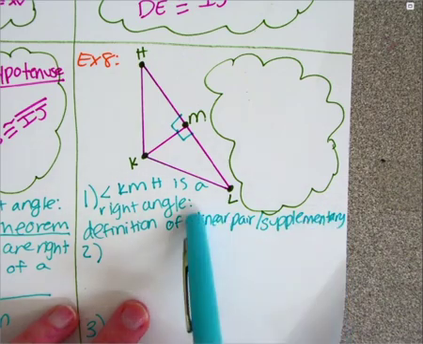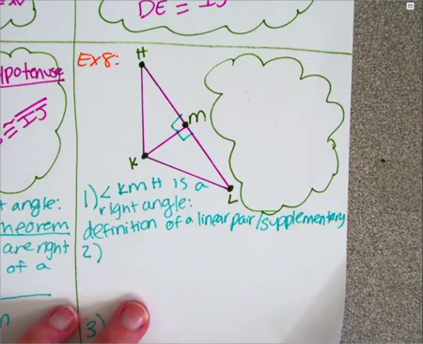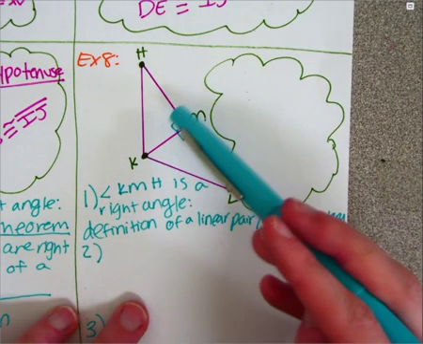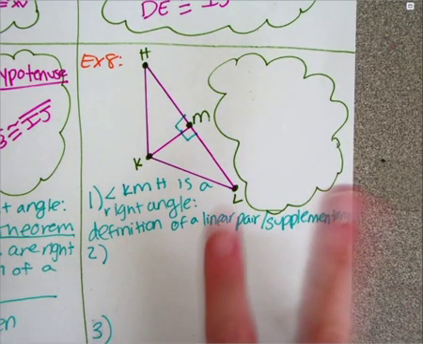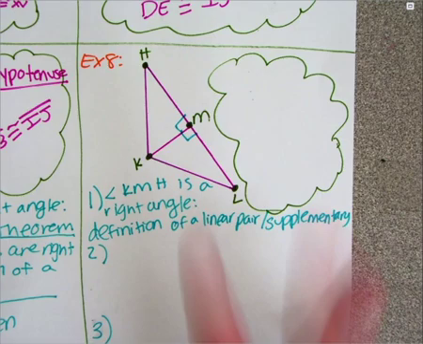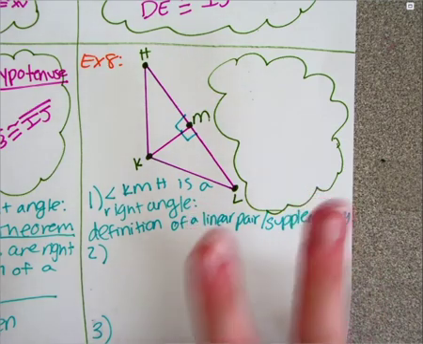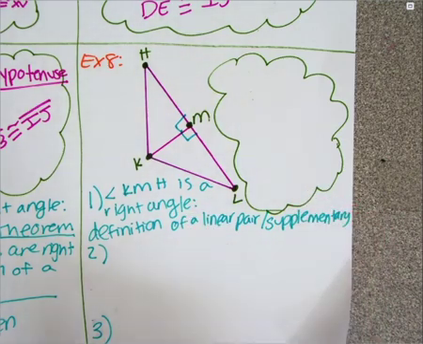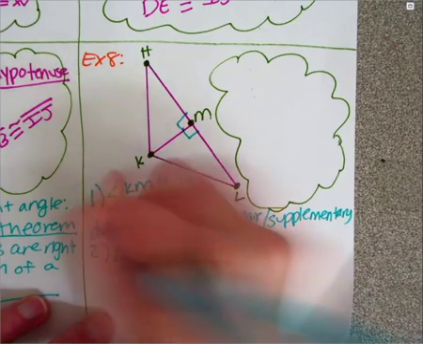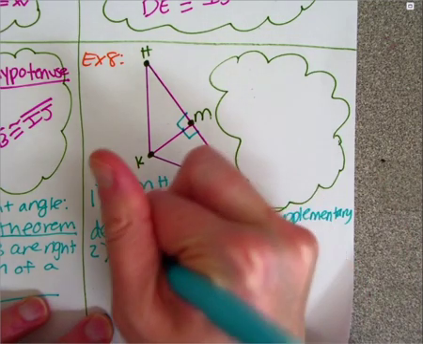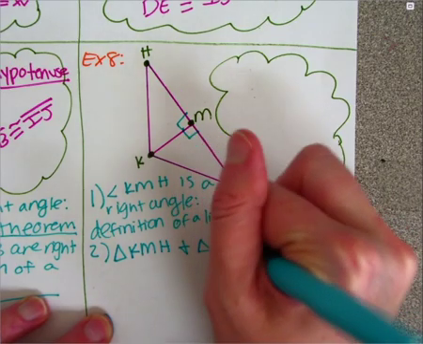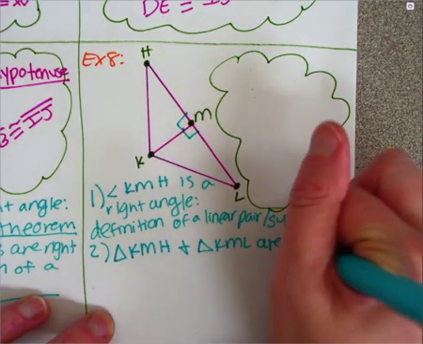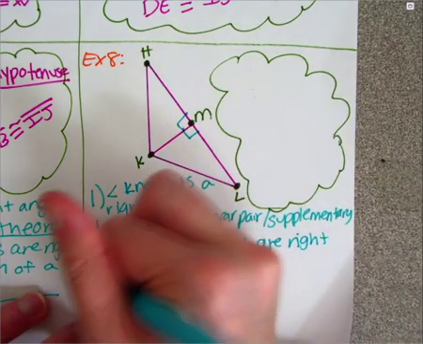They go together. Okay? So that's how I know that's a right angle, which now that I have a right angle in both of these triangles, means I have two right triangles. Holy hot dog. Am I right? Of course I'm right. So I now know that triangle KMH and triangle KML are right triangles.